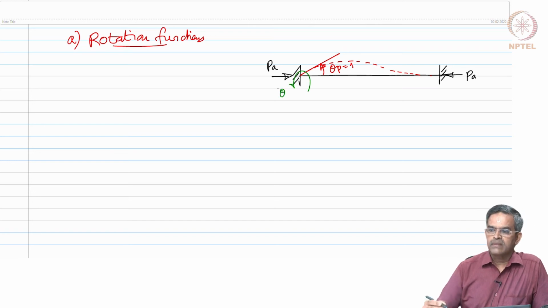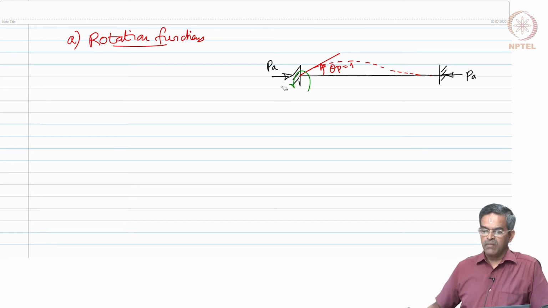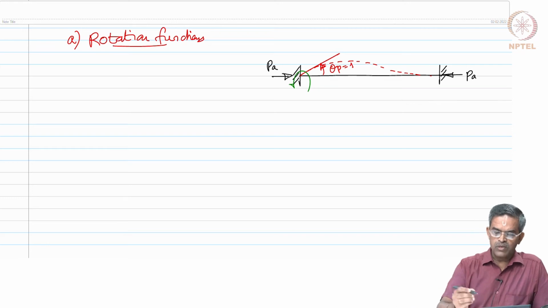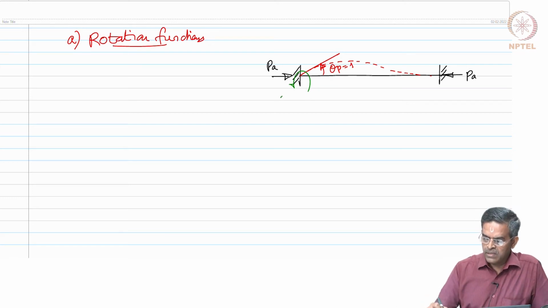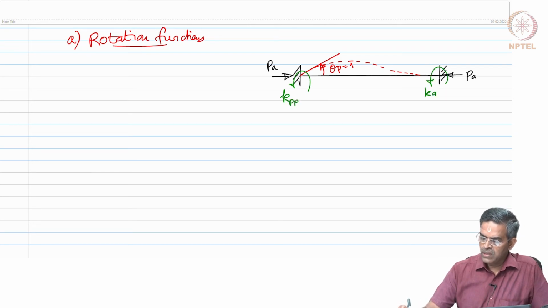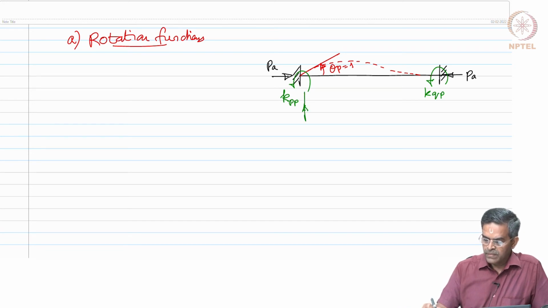Let us say, okay, I will not mark the degrees, I will mark the forces. So, what I am going to do here is, I am going to say this is my force KPP, this is my force KQP, and this is KRP, and this is KSP.